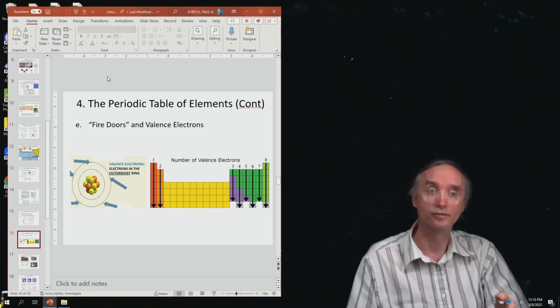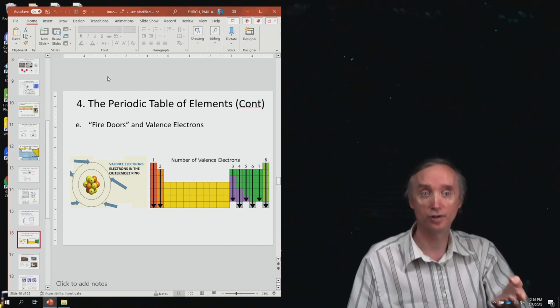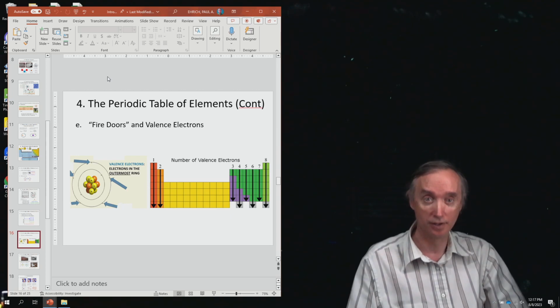Column 7, very, very reactive because all it's got to do is take one electron. Column 6, pretty reactive, but not as reactive as column 7 because column 6 would need to take 2 electrons to get to column number 8.